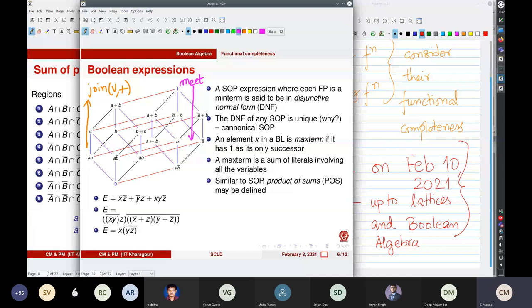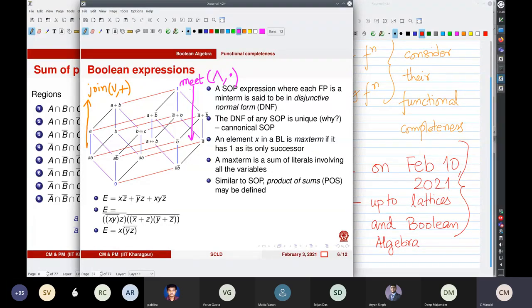So you can also go down, and when you go down, you're using the meet operation. And as you would expect, just as each element can be represented as an irredundant, irreducible sum of the atoms, or you can say the min terms, you would expect the dual of that.